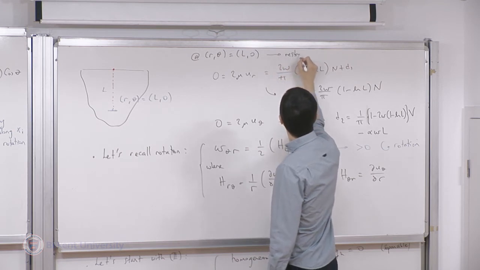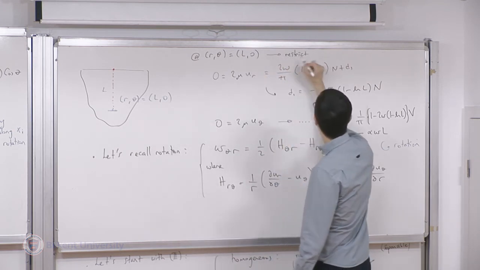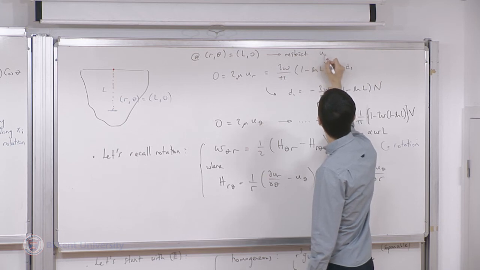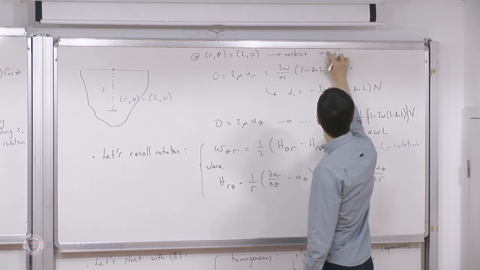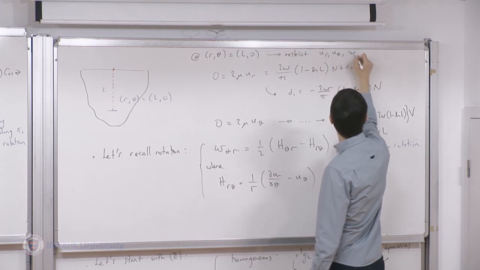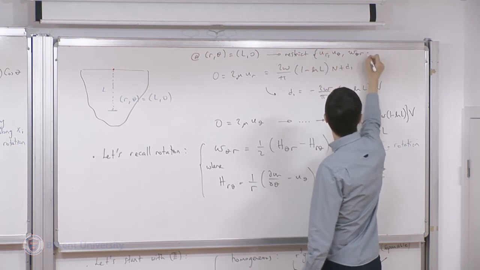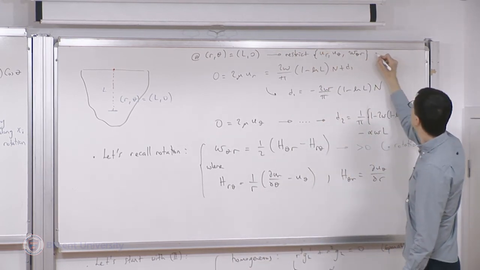So at that point, therefore, we restrict u_r, u_theta, and omega_theta_r. That's what we are doing, right?